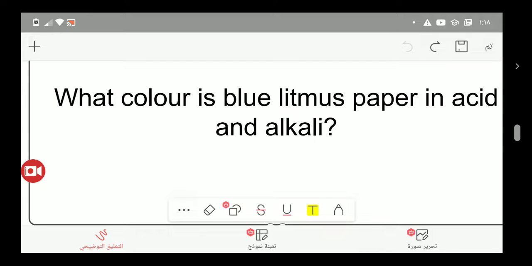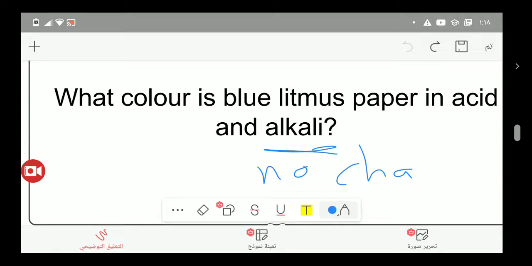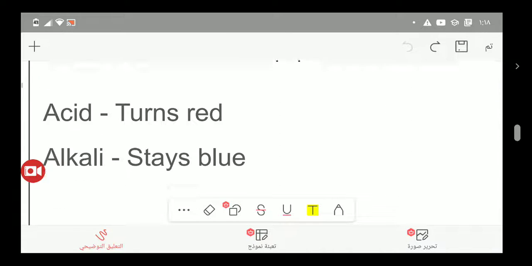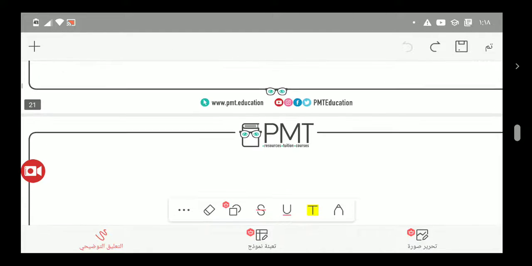What color is blue litmus paper in acid and alkali? It is a common test for acidity or alkalinity. Blue litmus paper will turn red in acid, but in alkali there is no change, it will stay blue.